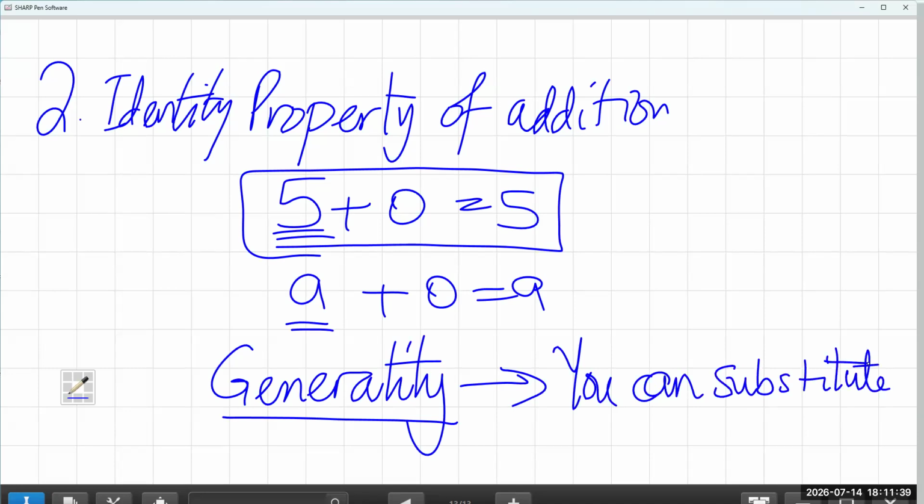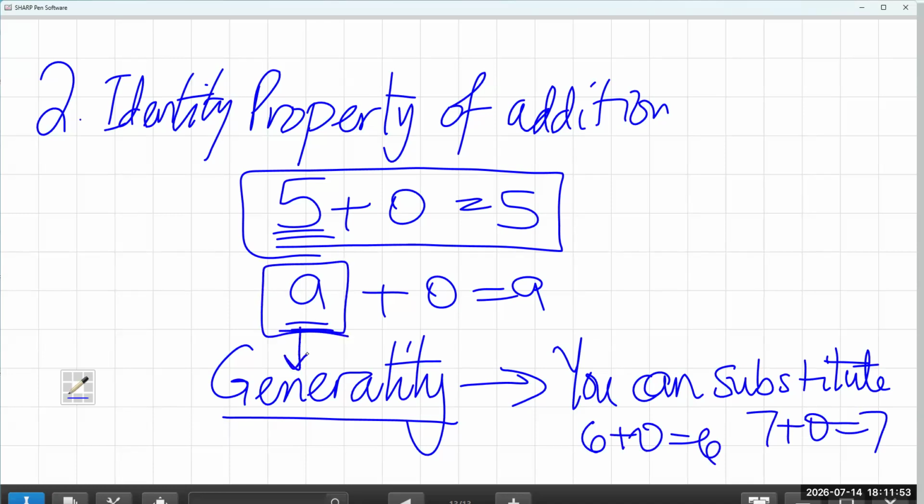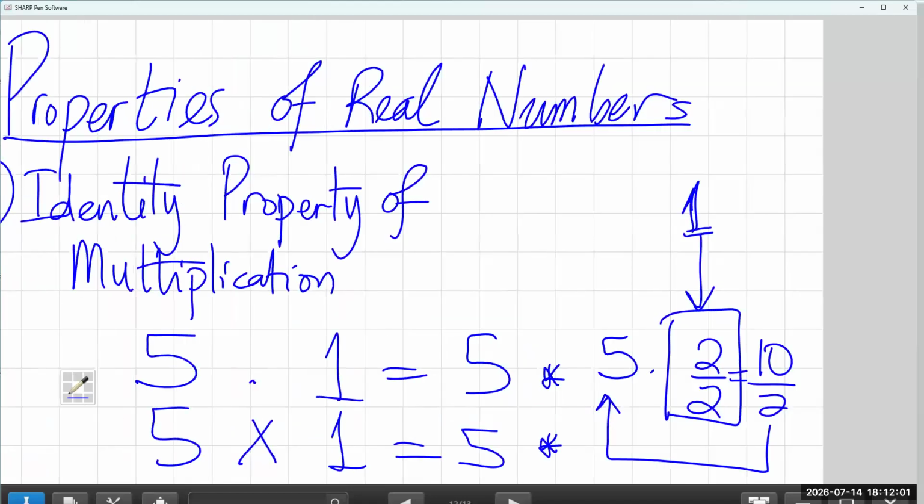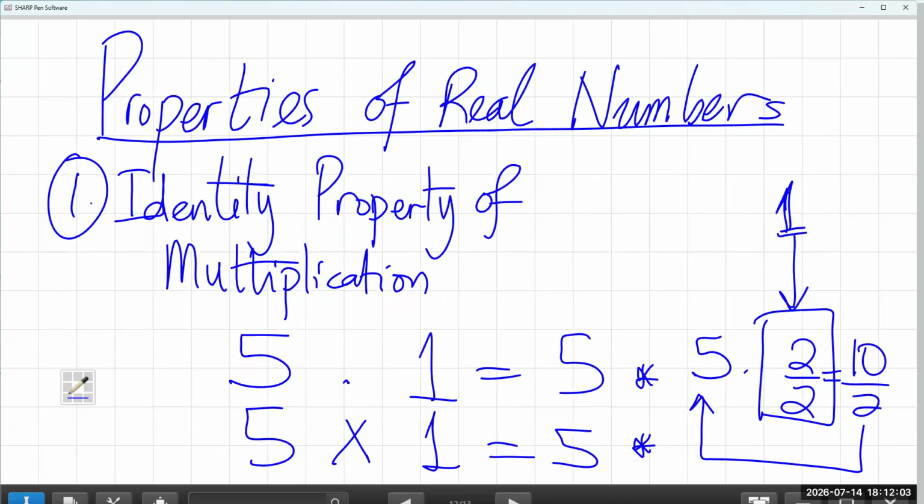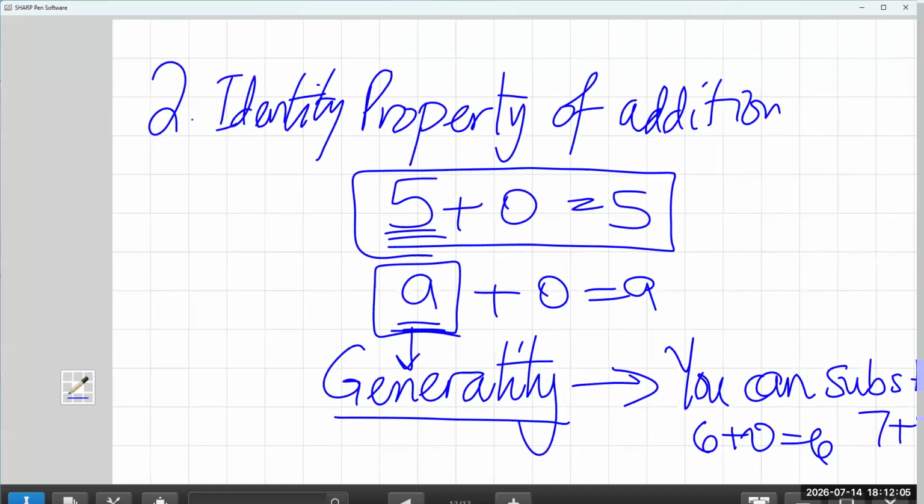I could give you many more examples, like 6 plus 0 is 6, 7 plus 0 is 7, and on and on. So we introduce a letter sometimes to show that this is a general rule that you can always use. So we have the identity property of multiplication, and we have the identity property of addition.